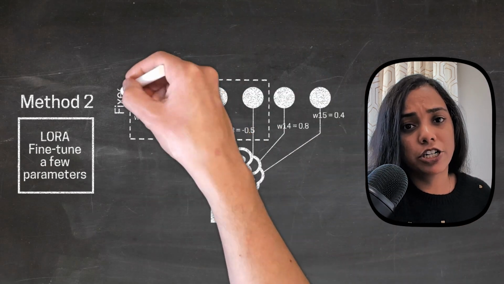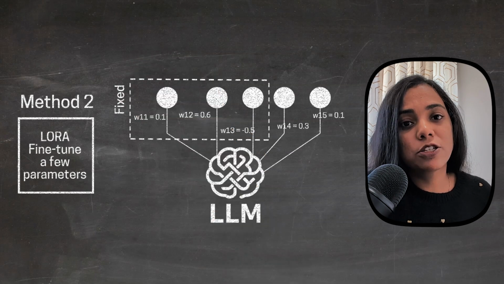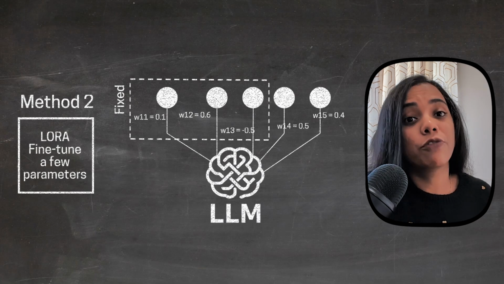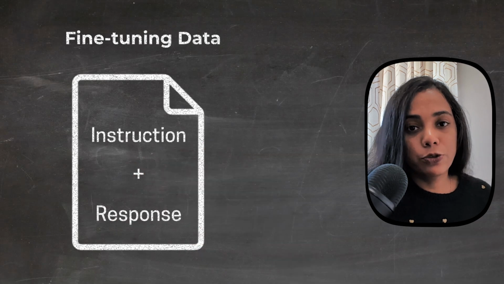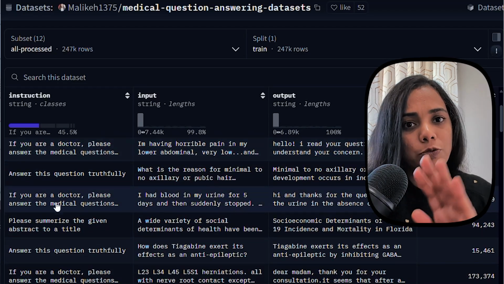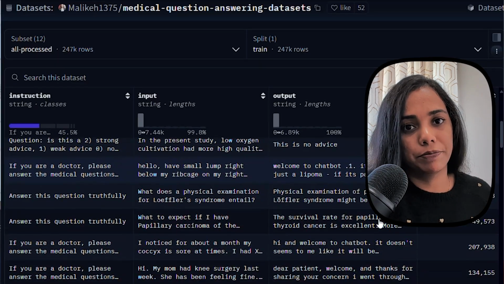So here you don't adjust all of them, but a small set of them in certain layers, which will save you a lot of computational power. So this data that you're using to train the model can be structured as instructions and then the output, like an instruction and output pair.